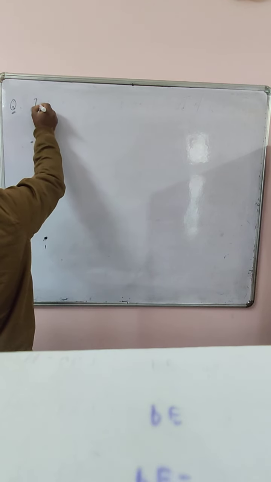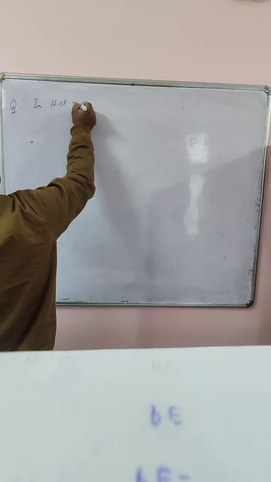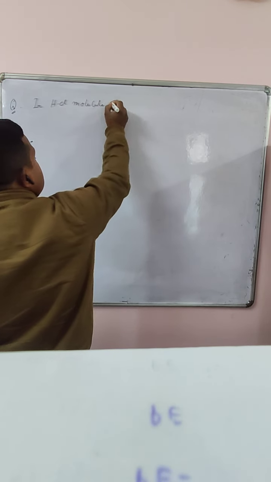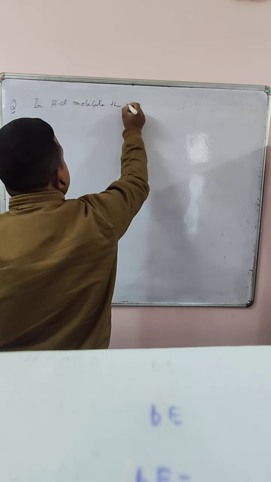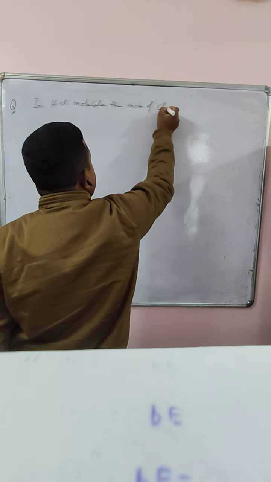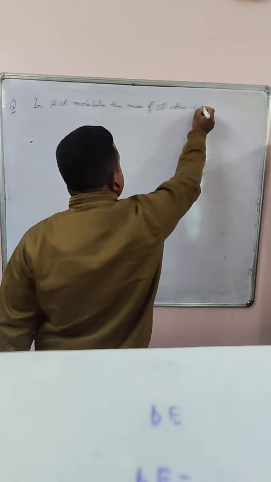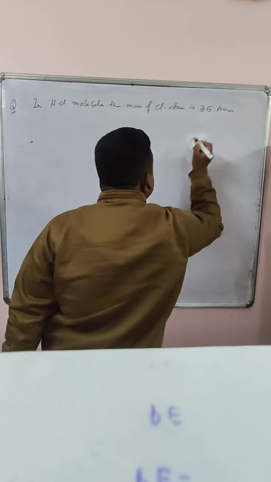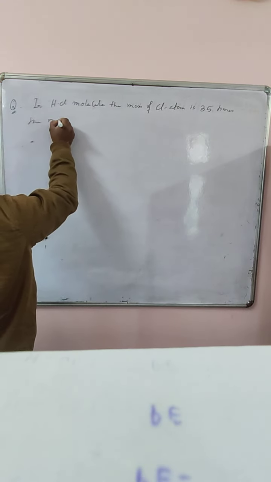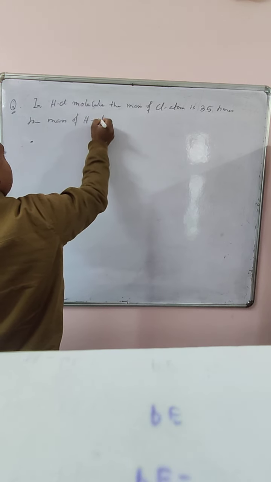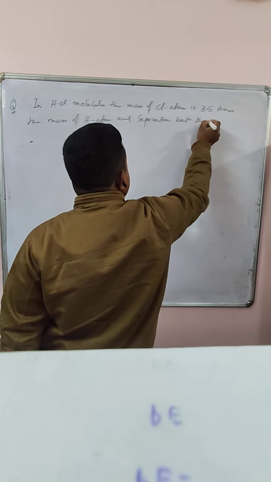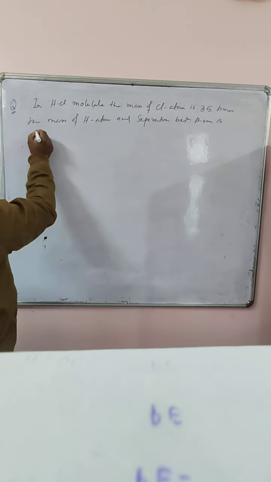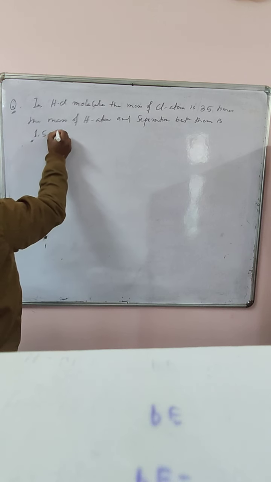Suppose in an HCl molecule, the mass of chlorine atom is 35 times the mass of hydrogen atom, and the separation between them is say 1.5 Armstrong.